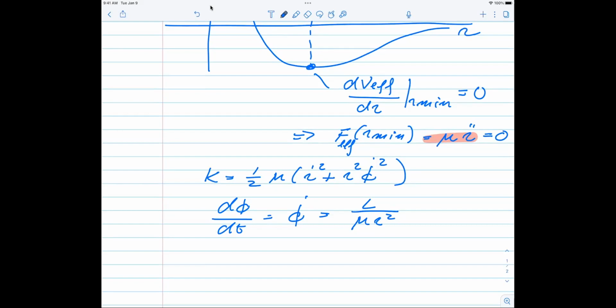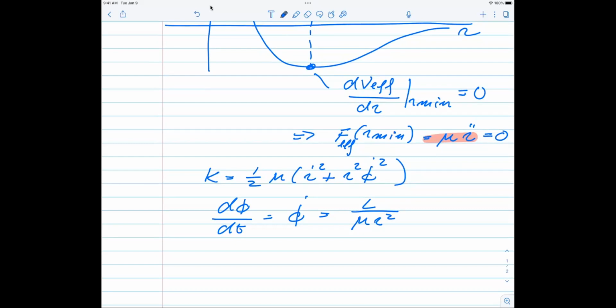That means that the radial velocity, if the acceleration is 0, that's the derivative of the radial velocity, right? So what value does the radial velocity take?